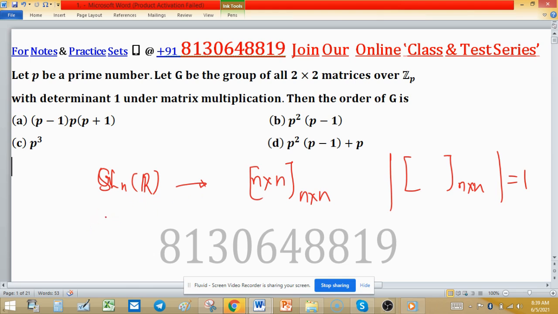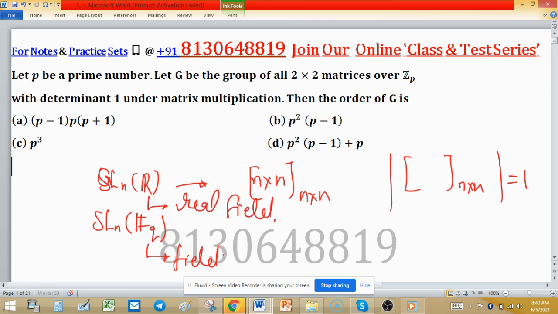So whenever you are asked to find the order of SL_n(F_q), where this is a field (here the real field), the order of SL_n(F_q) is equal to (q^n − 1)(q^n − q) and so on up to (q^n − q^(n−1)), divided by q − 1.